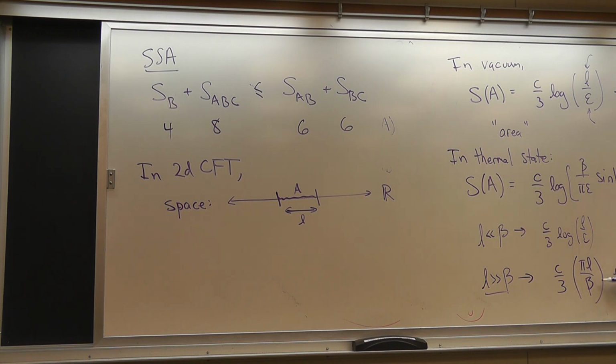So this is a physically meaningful term, and it has a very natural interpretation. This is actually equal to the volume of region A times the thermal entropy density, the thermodynamic entropy density at temperature beta.